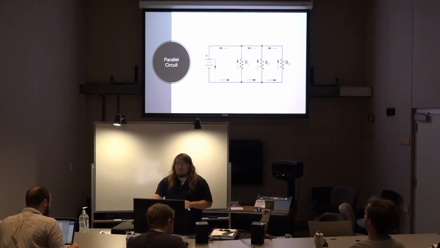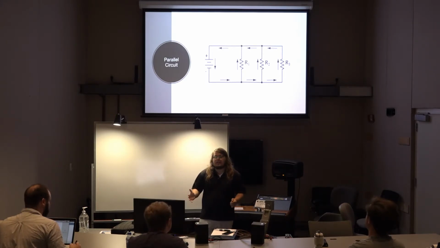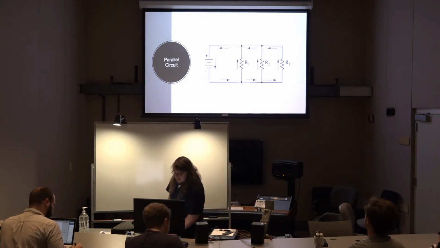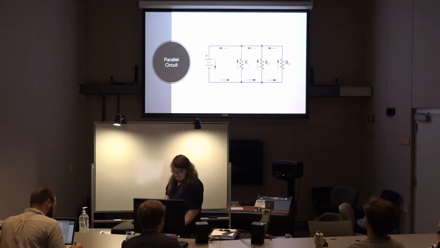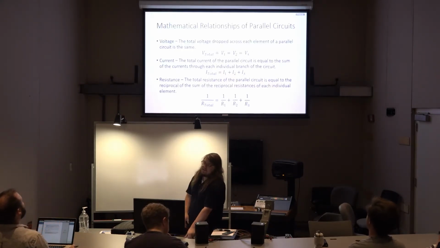But we have multiple branches in this circuit for current to flow through. Okay, inherently that's going to change the circuit. Again, I'm going to skip ahead a little bit. You'll be able to finish up your drawing when I draw it up there. But we're going to move on to the mathematical stuff.